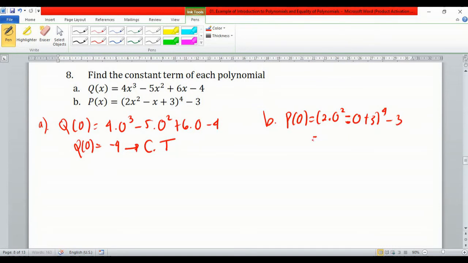So you will get 0 minus 0 plus 3 power 4 minus 3. So we will get 3 power 4 minus 3. So 3 power 4 is 81, and 81 minus 3 is 78. So this is the constant term. Easy, right? So how about another example?